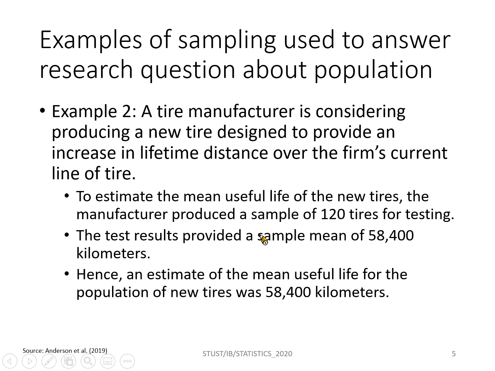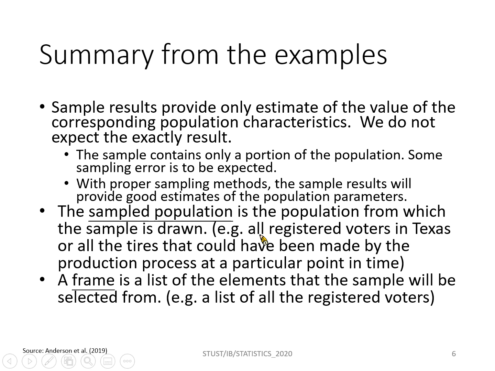The testing provides a sample mean of 50,800 kilometers. So it's an estimate of the mean useful life for the population of the new tires. From the examples, we can do a summary.